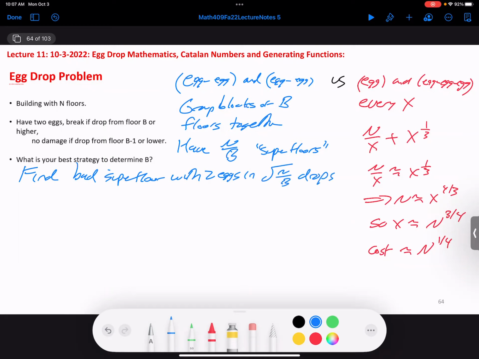Now, how many floors are left for us to determine? We've determined which superfloor is bad. How many floors are in the superfloor? B. So how many drops will it take, worst case scenario, with 2 eggs to determine which floor is bad among the B floors?